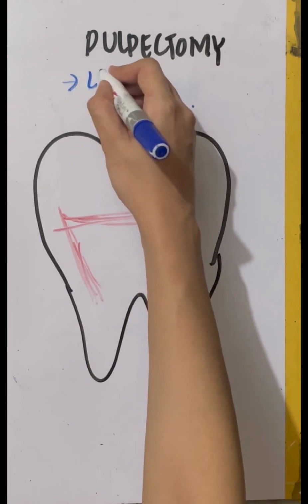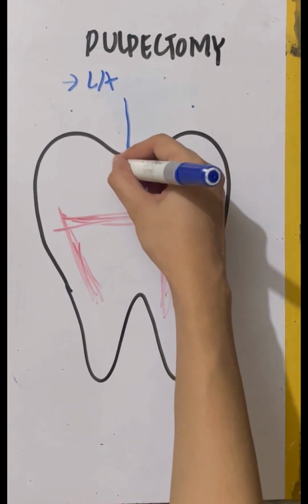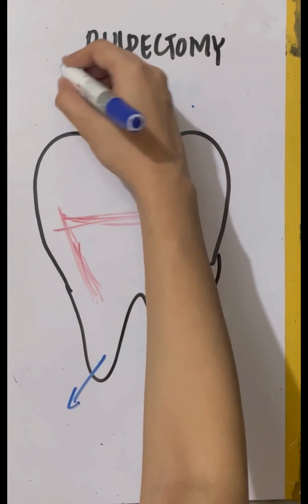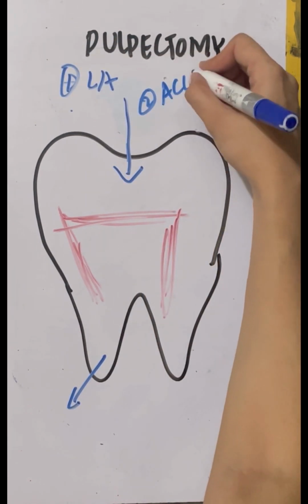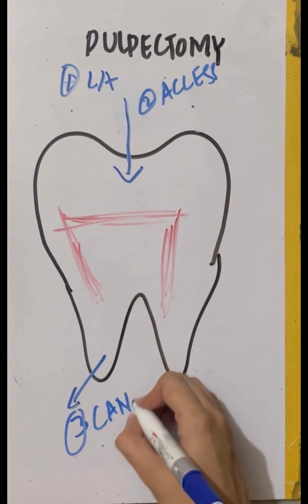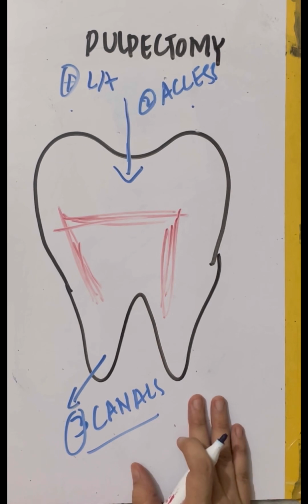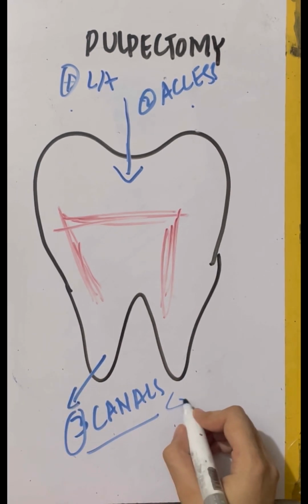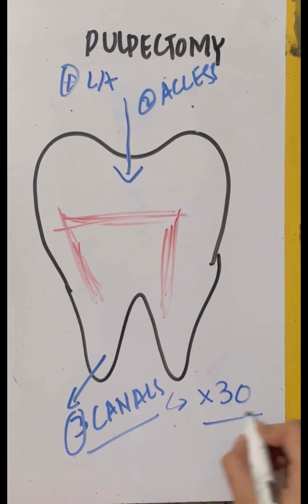First we will give LA, then access the pulp chamber. The third step is to identify the canals. After identifying the canals, we will prepare them, but we will not go beyond file number 30.